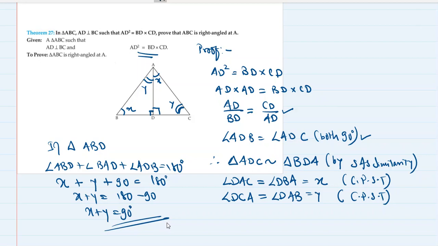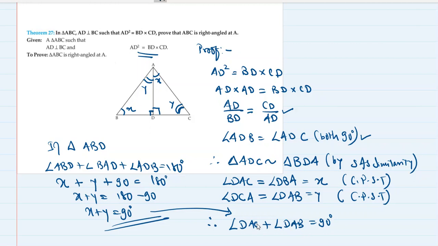Okay, now we have proved that X plus Y is 90, so we can say that therefore angle DAC plus angle, what is Y? Angle DAB is equal to 90, right? Angle DAC plus angle DAB is equal to 90.